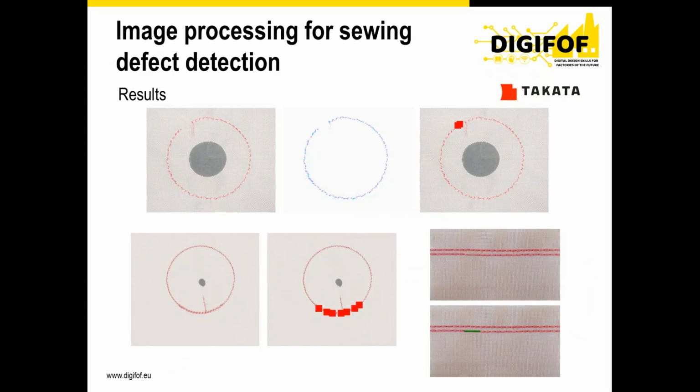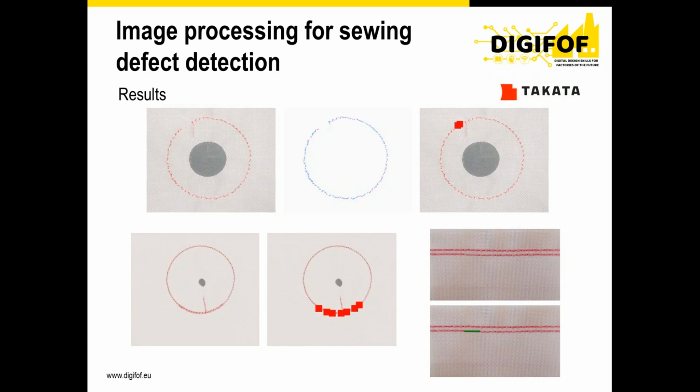So as you can see, we have some partial images of the steps of processing, the defects that I pointed out, and at the end, the results of the processing steps.